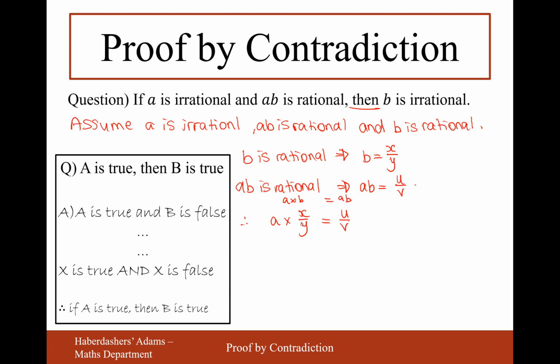Now let's times by Y and divide by X, and therefore we get UY over VX is equal to A, which is rational. Which is a contradiction, because A can't be rational and irrational at the same time, so the statement that got us to this absurdity must be incorrect, so therefore the original statement is correct.